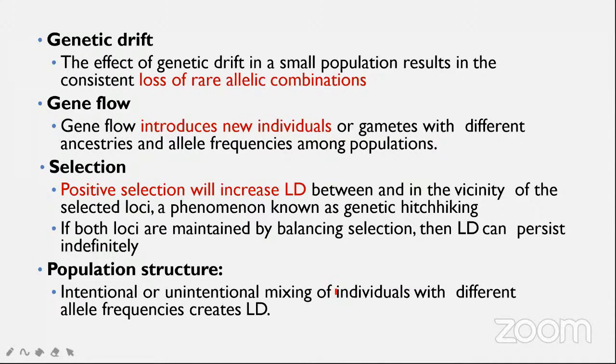So genetically, you're selecting for desired allelic combinations. On the other hand, if you have population structure, meaning your samples could be distinguished into different groups, either based on geography or genetics, then we call it population structure. That also increases LD by creating different allele frequencies.